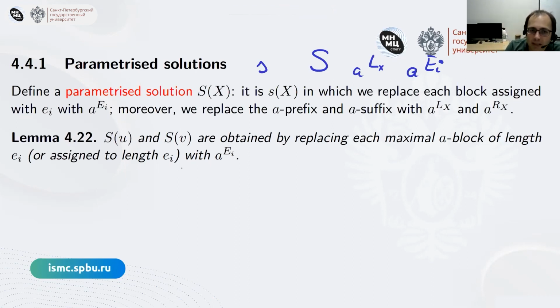So if we look at the substitution for x, and there is some maximal block of a, we just replace it with the appropriate letter. If this is a maximal block Ei, then we replace it with a to Ei, or if this is a suffix of length Lx, then we replace it with a to Lx.